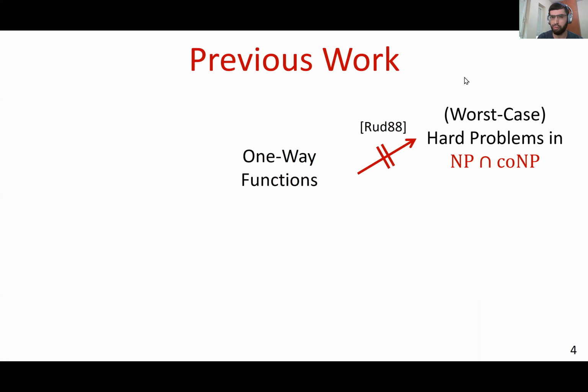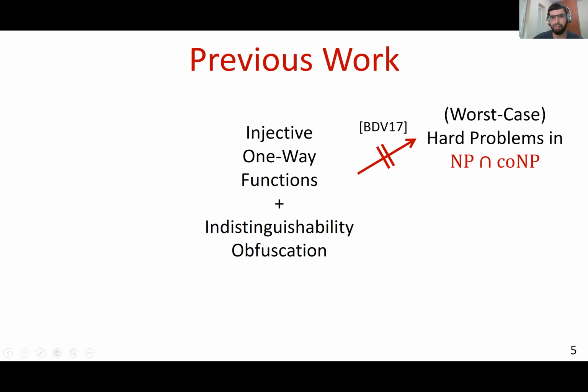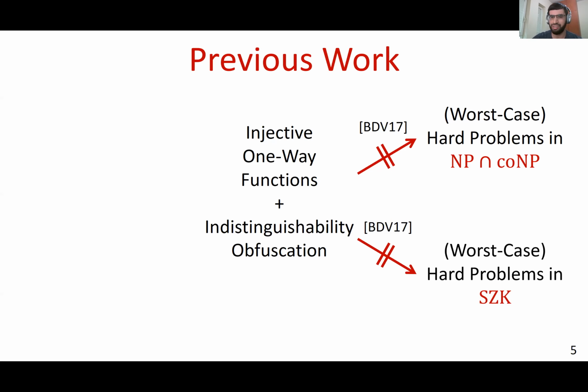And more recently, Bitansky, Degwekar, and Vaikuntanathan showed that even injective one-way functions, together with indistinguishability obfuscation, or IO for short, do not imply such hard problems in a black box way. And they also showed that they do not imply hard problems in SZK in a black box way.